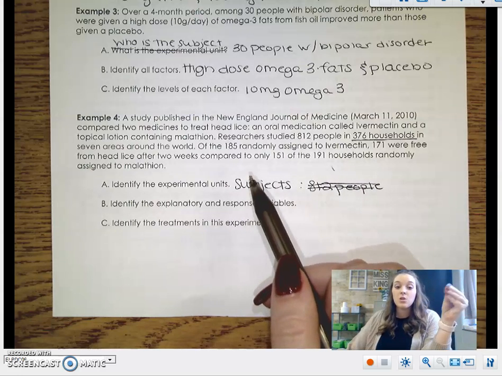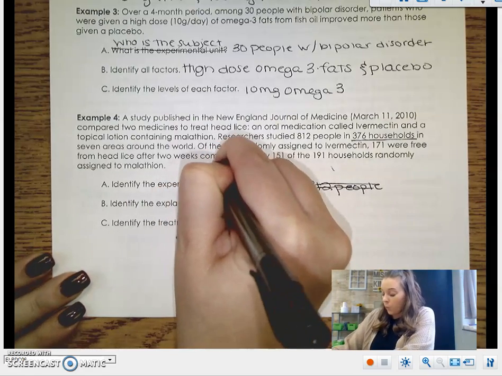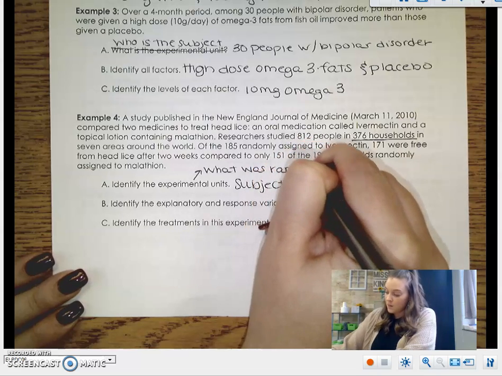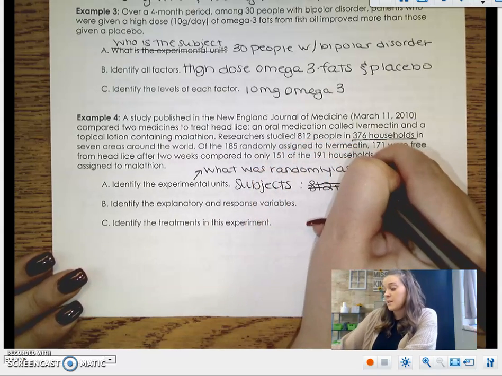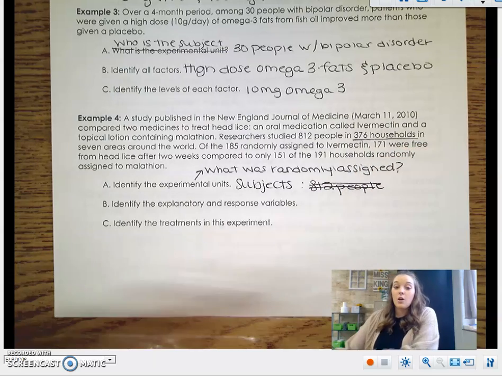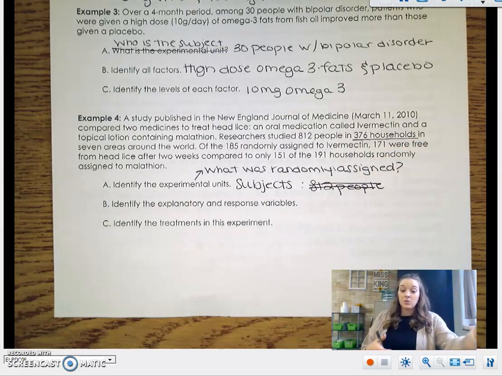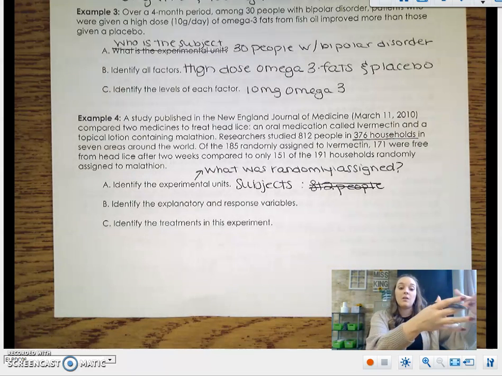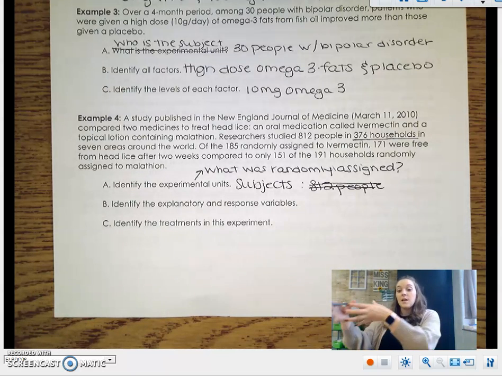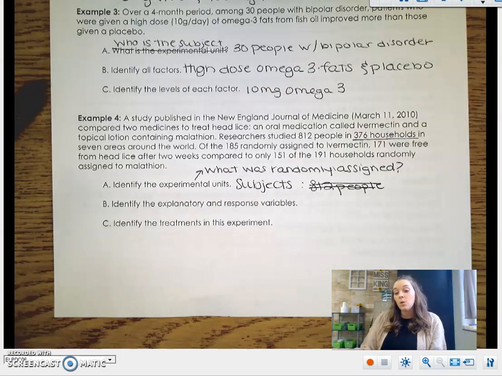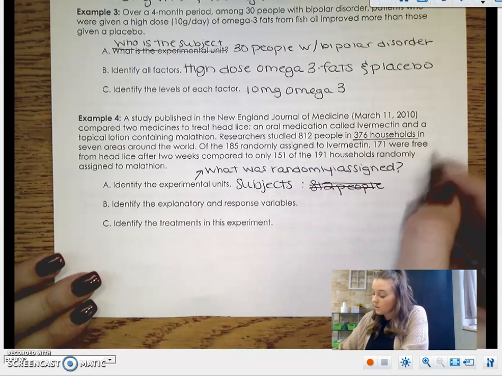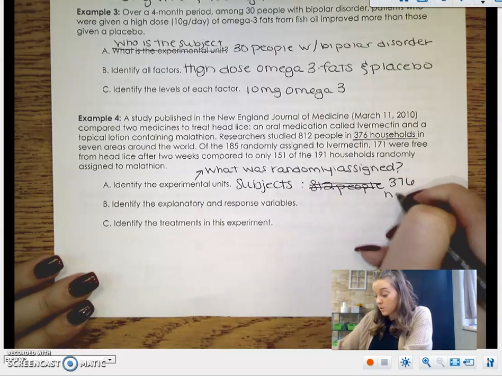So your experimental units are going to be what was randomly assigned. So here, they did not say, okay, you are getting the lotion, you are getting the oral medicine. They said, okay, your household is getting the topical lotion. Your household is getting the oral medicine. So because the households were randomly assigned, your experimental units are going to be the 376 households.